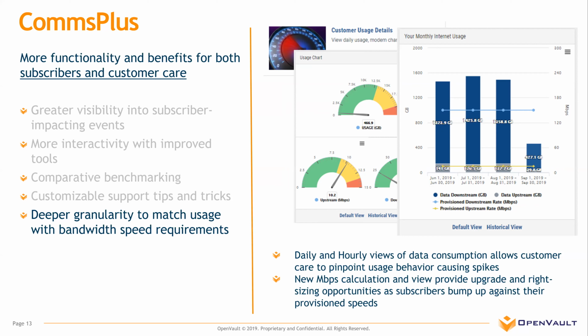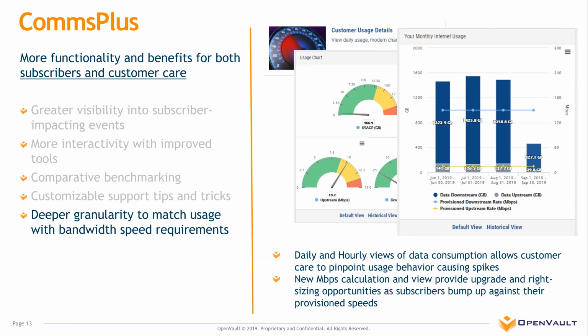What we have found is that by sharing that information and giving you views into that granularity, it can allow you to better pinpoint issues with subscriber usage. I'm sure sometimes you get phone calls from subscribers that are concerned about their level of usage, and as operators you can dive in and see maybe a particular day or a particular set of hours where their usage was really high.